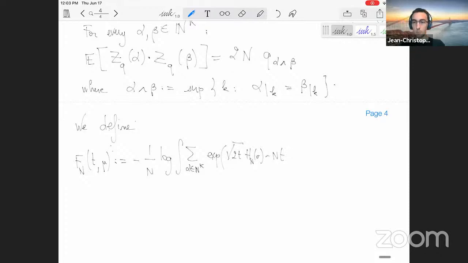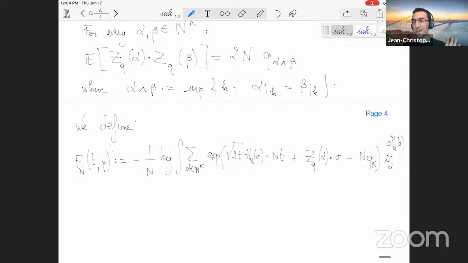That's our normal term. And now our magnetic field, zq of alpha dot sigma minus nqk, times V alpha, dPn of sigma. Okay, so this is our free energy.